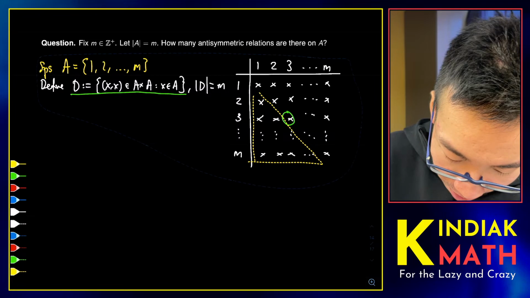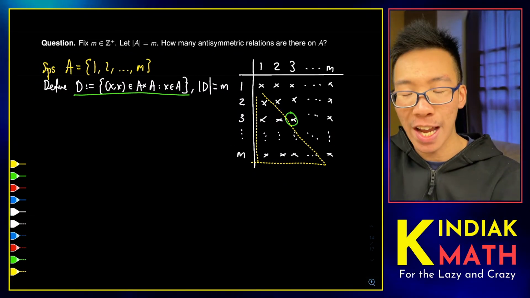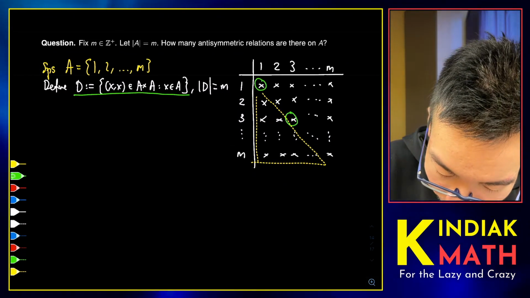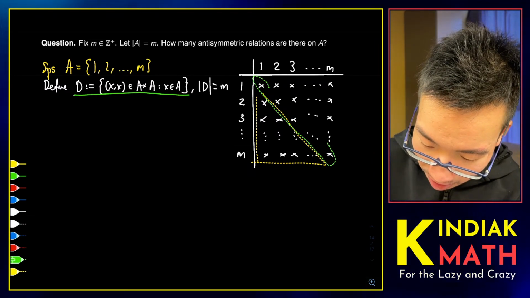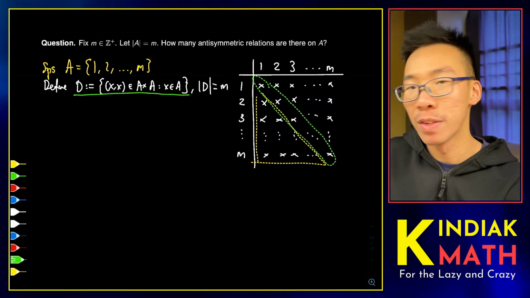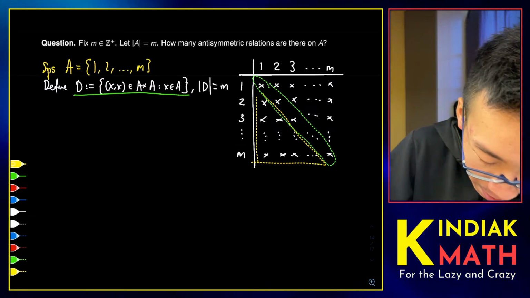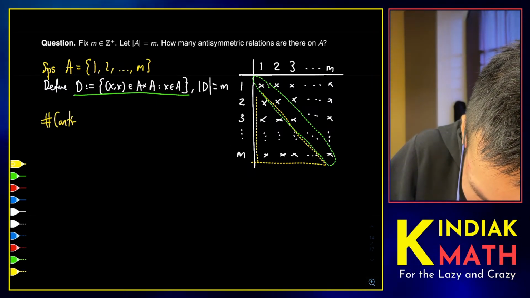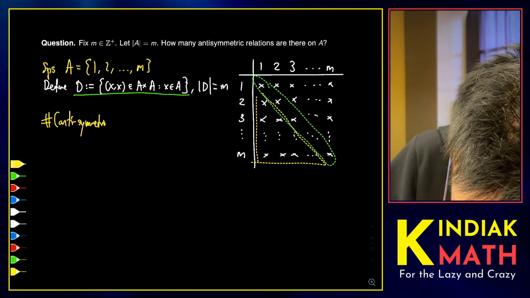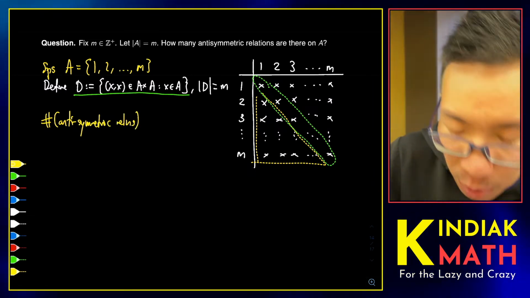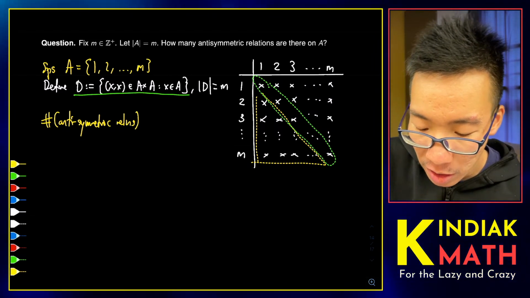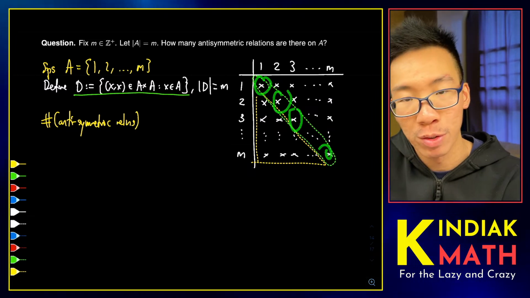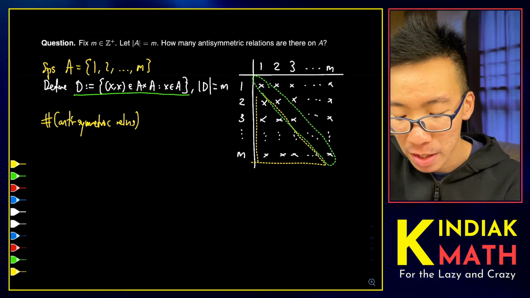Once again, we have the diagonals along this line with the diagonal elements and with the lower triangle. So the number of anti-symmetric relations. How do we know if a relation is anti-symmetric or not, symmetric or not? Well, it can include loops. It doesn't have to. We don't really care about loops.